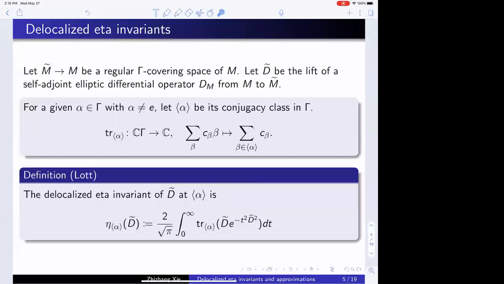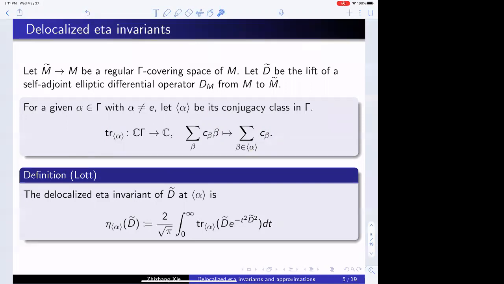We can define a delocalized trace associated to this conjugacy class of alpha by mapping any finite sum like this to the sum of the coefficients in front of the elements that actually lie in this conjugacy class. It's easy to check this is actually a trace. So that's the delocalized trace. For any conjugacy class different from the trivial conjugacy class, you can associate a delocalized trace.